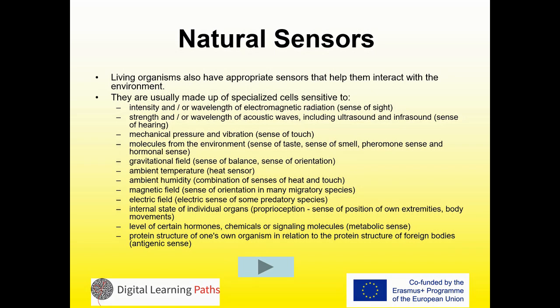Natural sensors. Living organisms also have appropriate sensors that help them interact with the environment.